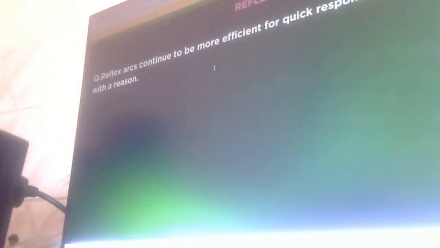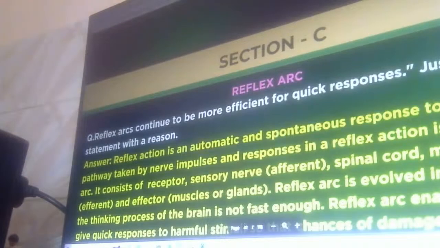Reflex arc. Reflex arc is more efficient because in humans the process of thinking has not evolved as much as the reflex arc. So that's why when we think and take a decision, it does not happen as quickly as the reflex action occurs.